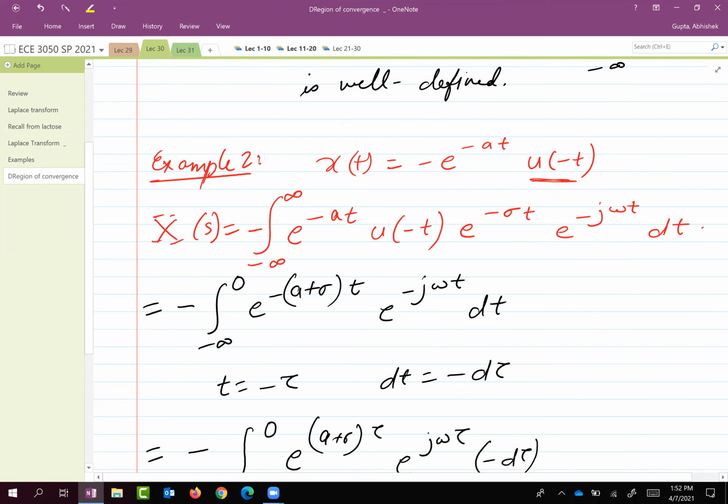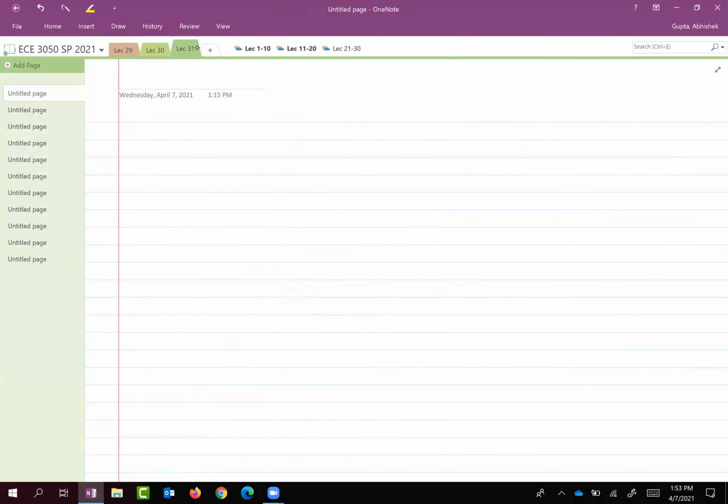So the signal was active all the way from minus infinity to 0, and after that the signal became inactive. So the signal was 0 after time t greater than 0. So let's write down the Laplace transform for both these signals together, and let's begin the discussion for today's lecture.